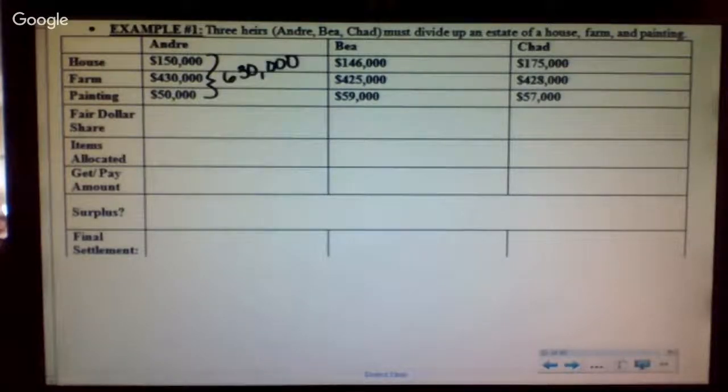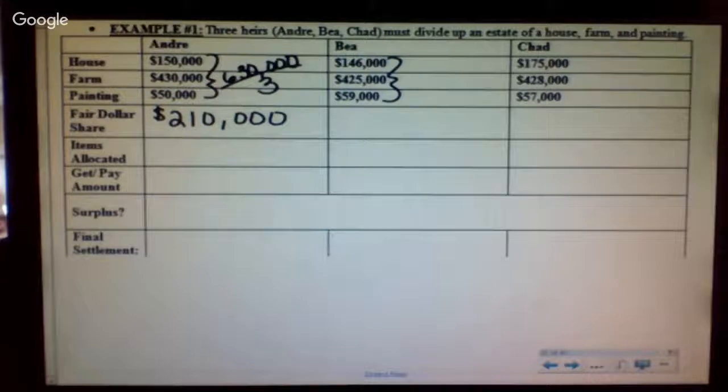We divide that by the number of players. So we have 3 people. $210,000. So at the end of this, Andre should walk away with either items or cash that total $210,000.